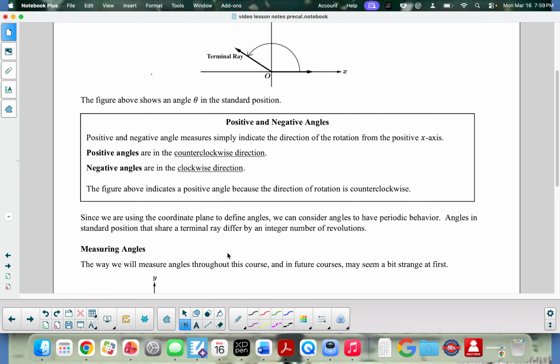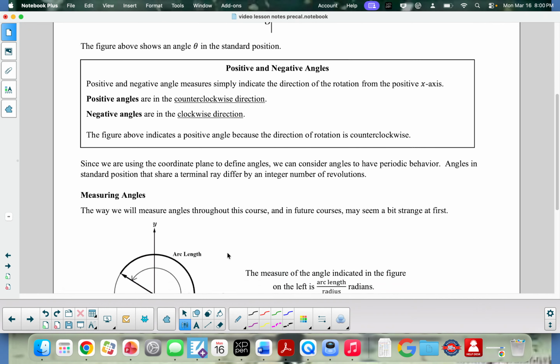You could spin all the way around the circle and get right back to that same angle again, so you're repeating those same values. It's still considered a periodic type of behavior. You can keep spinning around and around, backwards or forwards, and you're going to keep hitting those same angles over and over again.